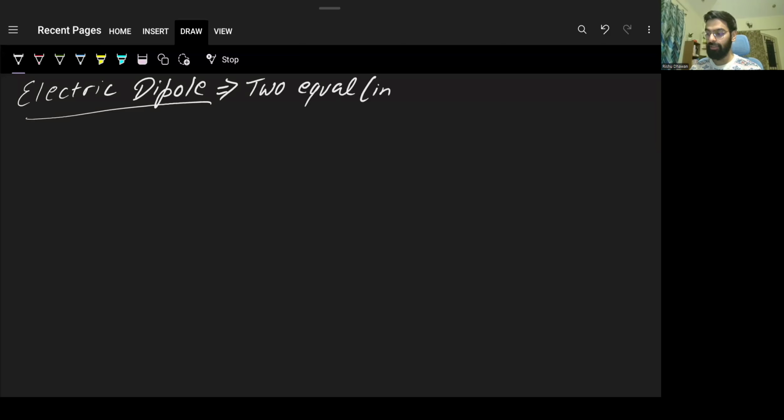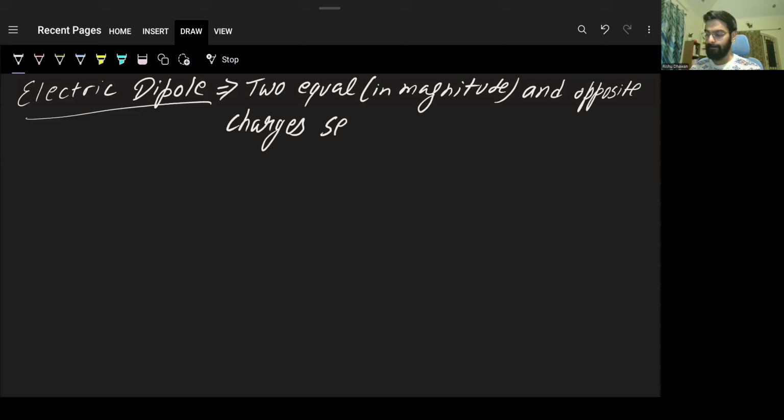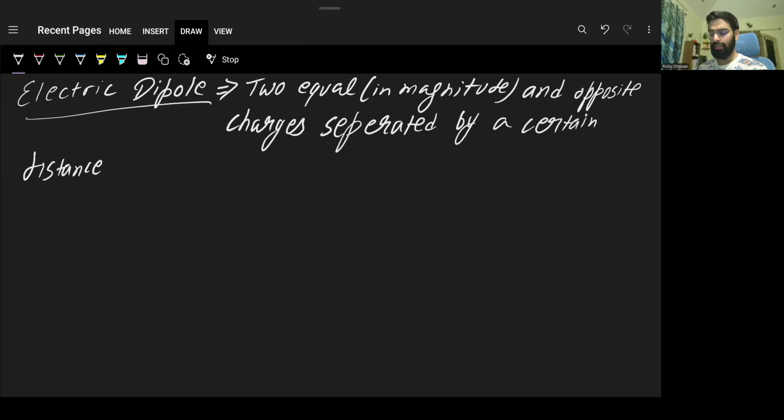Equal in magnitude and opposite charges separated by a certain distance is called a dipole. How it looks like.